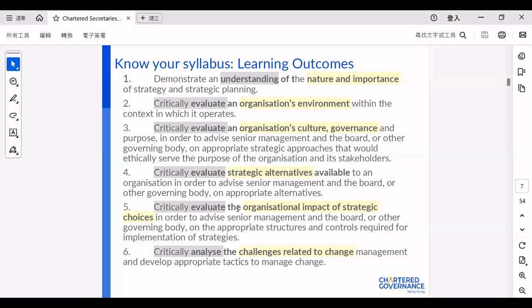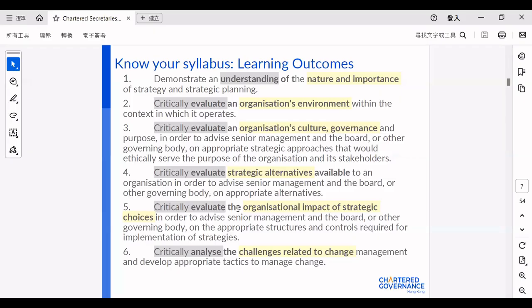Now, the third learning outcome, as you can see in here, is to critically evaluate the company's culture, governance, and purpose, in order to advise the senior management and the board or other governing body on the appropriate strategic approaches that would ethically serve the purpose of the organization and its stakeholders.